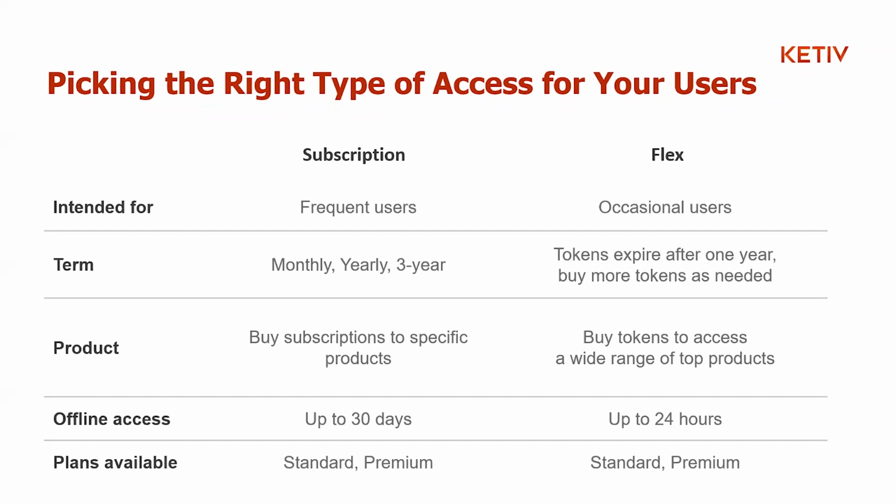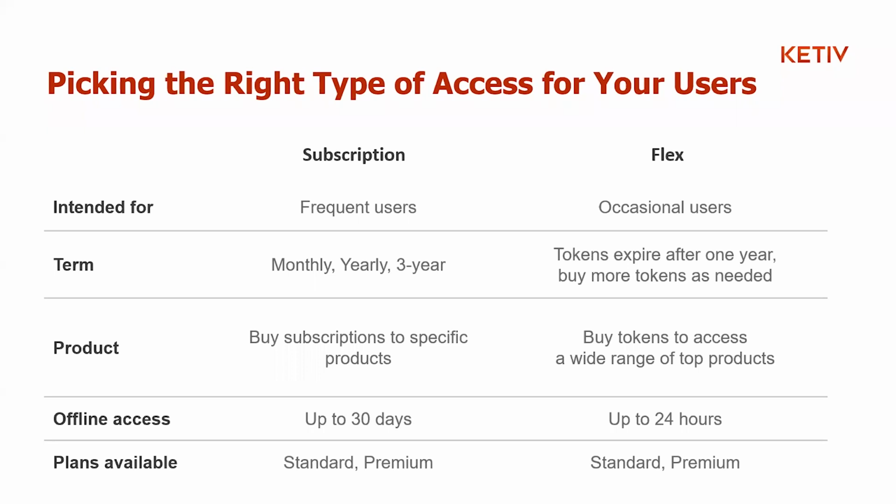Subscriptions are intended for frequent users: team members that need access to the product an average of 3 or more times a week, or a more generalized view is 8 or more times per month.